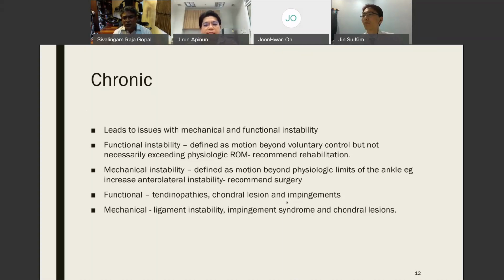In the long term they get chondral lesions, and they also present with some impingement pain. Mechanical instability generally comes with ligamentous tear and instability because of the talar tilt as well as the inversion, and they have a lot of impingement. Chondral lesion is almost a given in mechanical instability.